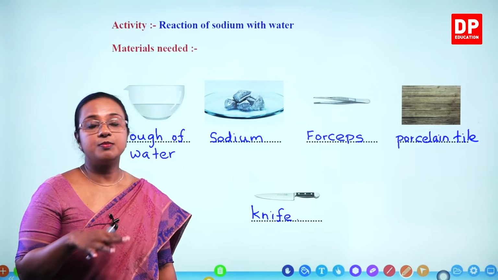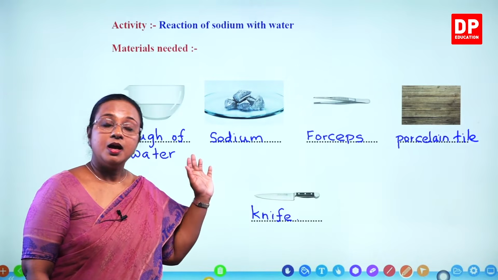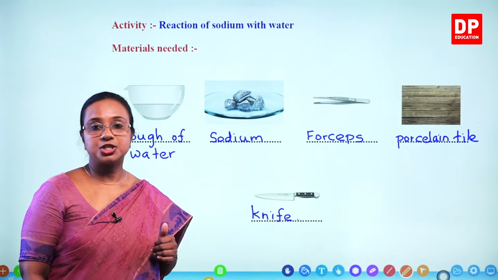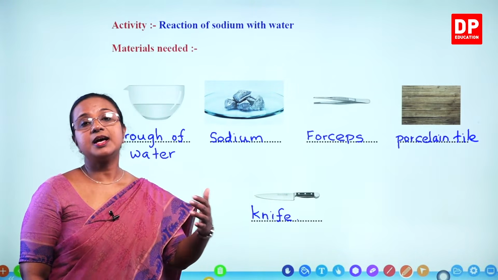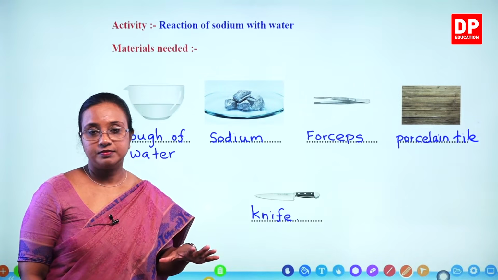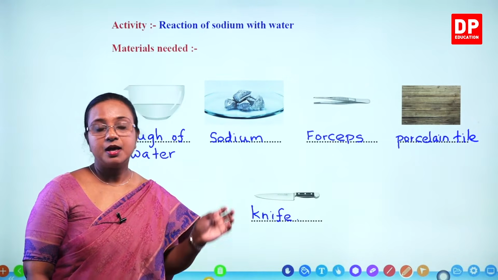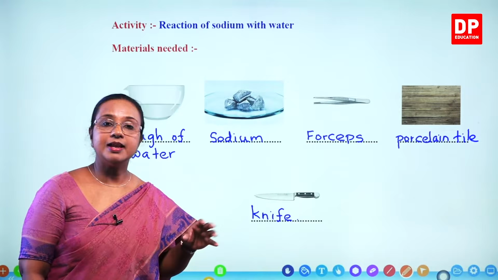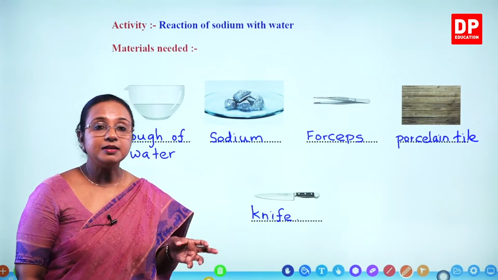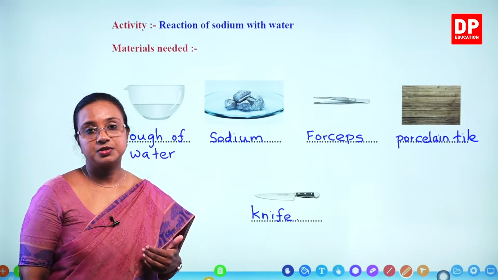Then you can observe the reaction very clearly. Already we discussed that during this reaction, sodium hydroxide solution is formed and hydrogen gas is evolved. We'll be able to see the gas evolving, but we can't see that sodium hydroxide is being produced. But we can confirm that it had been produced.